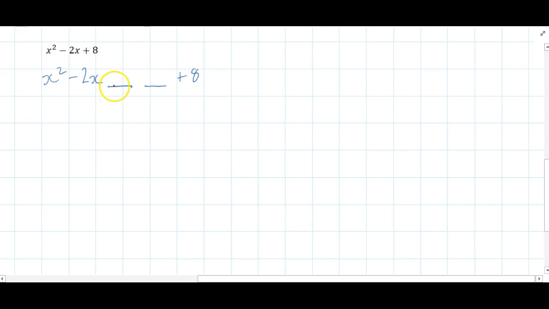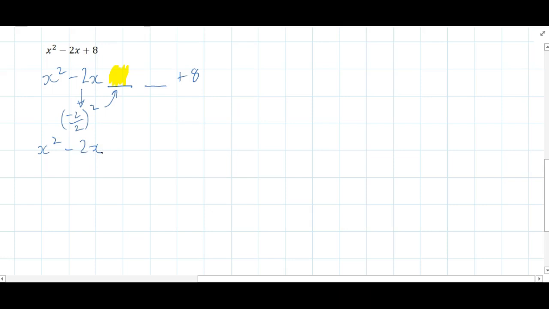We're going to work out this number first, and take it away, to make a perfect square. The only way we can factorize this is if we make this into a perfect square. So we half −2, divided by 2, all squared to get this bit here.